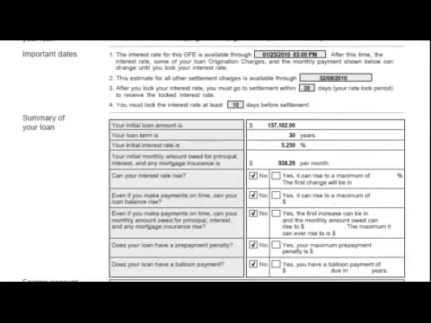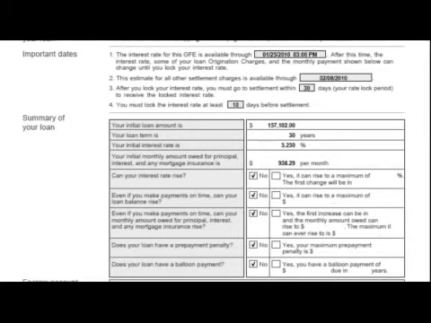The second item is the estimate for all other settlement charges is required to be good through 10 business days, not including bank holidays. So from whatever date I take the application, the settlement charges have to be guaranteed through 10 business days from that date.